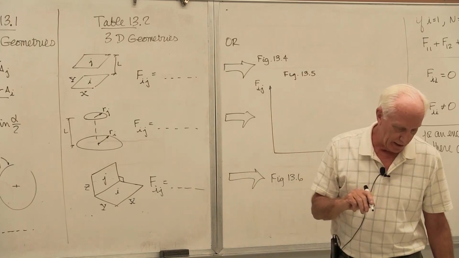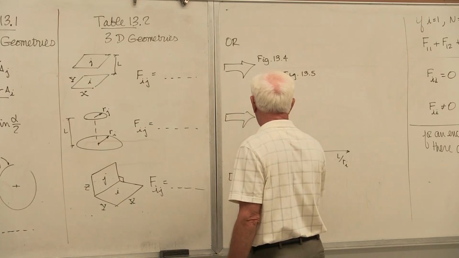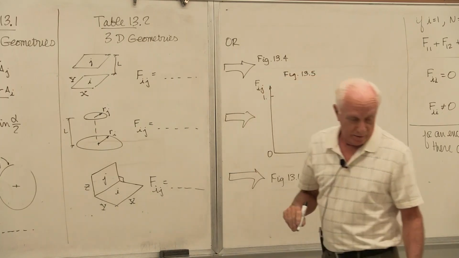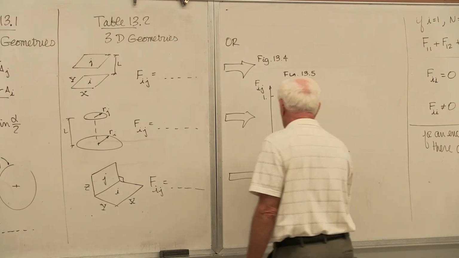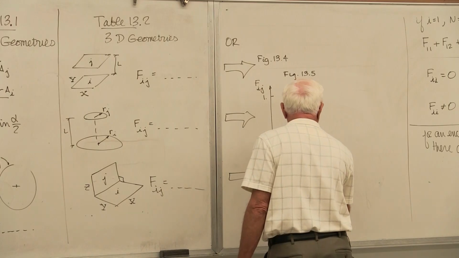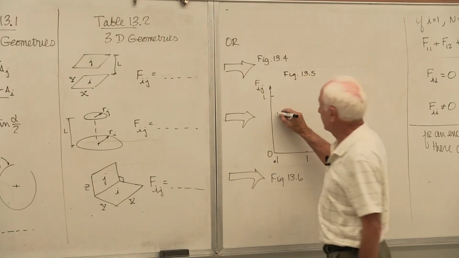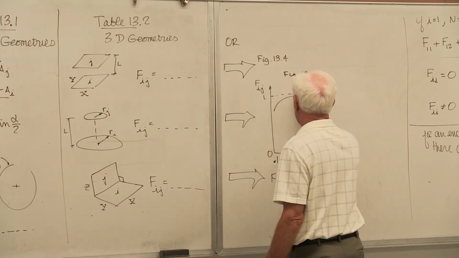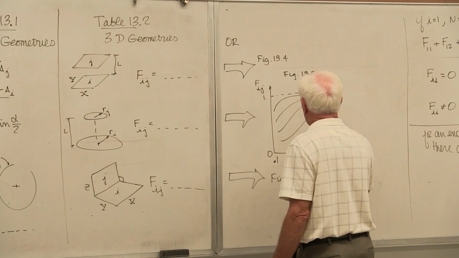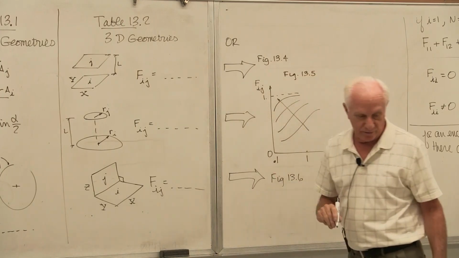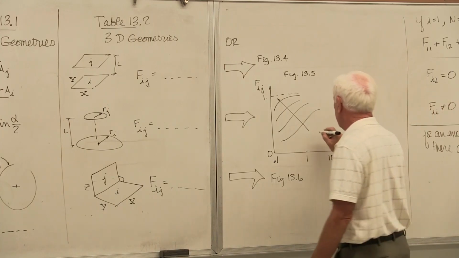The y-axis is Fij. Parametric curves, they go up to 1, 0. X-axis, logarithmic, 1/10, 1, and 10. Curves look something like this. If you go in that direction, this parameter increases. That parameter is Rj over L.